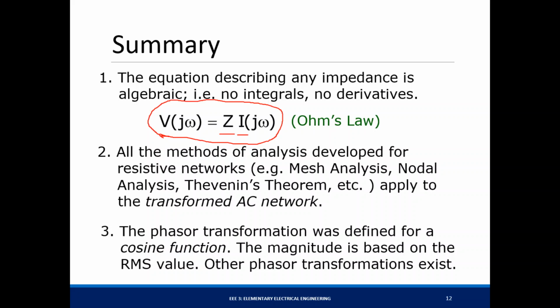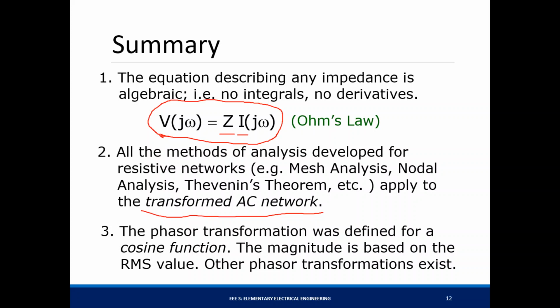Which means that all the methods of analysis that we have discussed so far in resistive networks or in DC networks, like mesh analysis, nodal analysis, Thevenin's theorem, apply to a transformed AC network. Okay, so emphasis on the transformed, since you need to convert it first to a phasor equivalent.